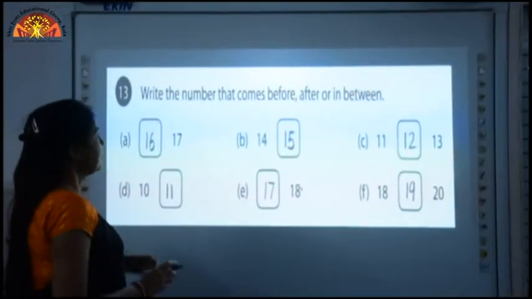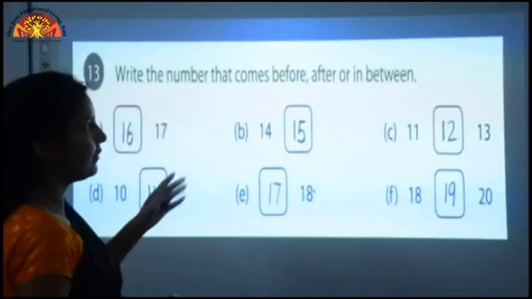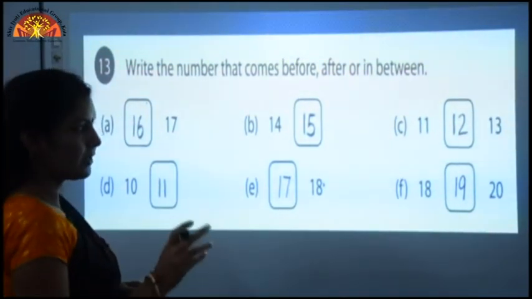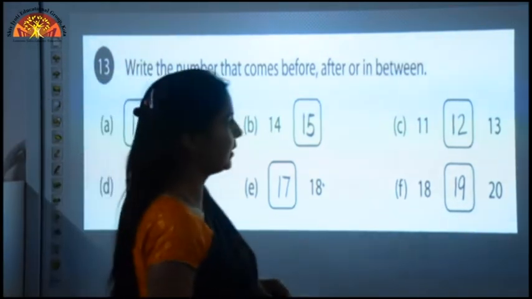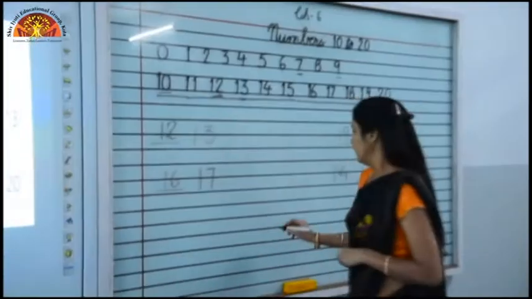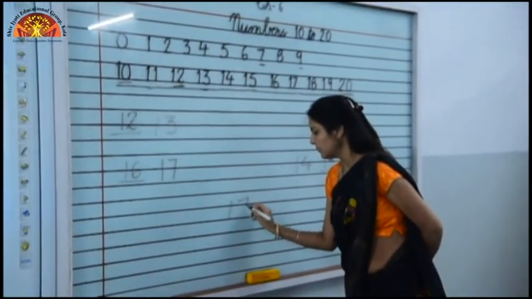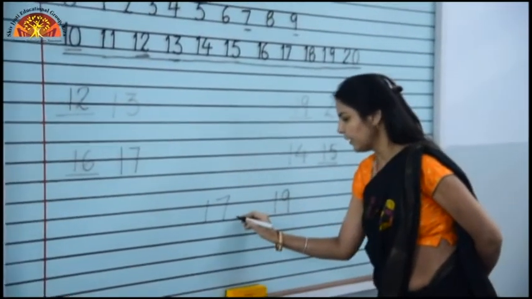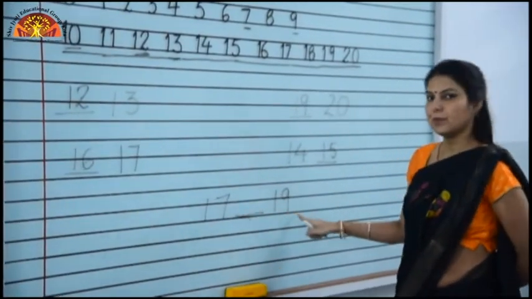Now this is the same question. Write the number that comes before, after, between. You can do this sum. Now we will see one more example of between number. हम between number का example देखेंगे. We are taking two numbers here. One number is 17. The other number is 19. We have to write the between number of these two numbers.